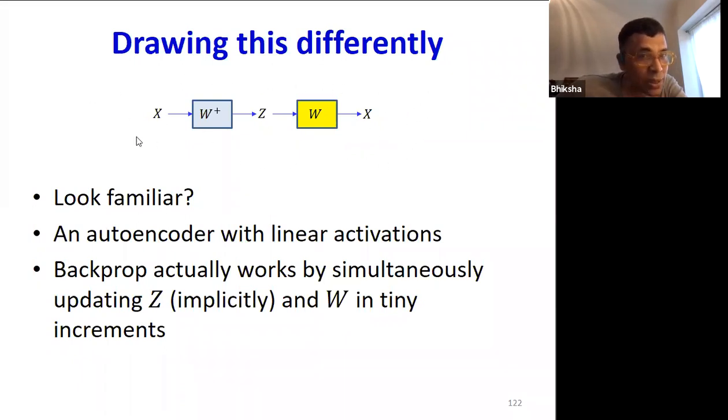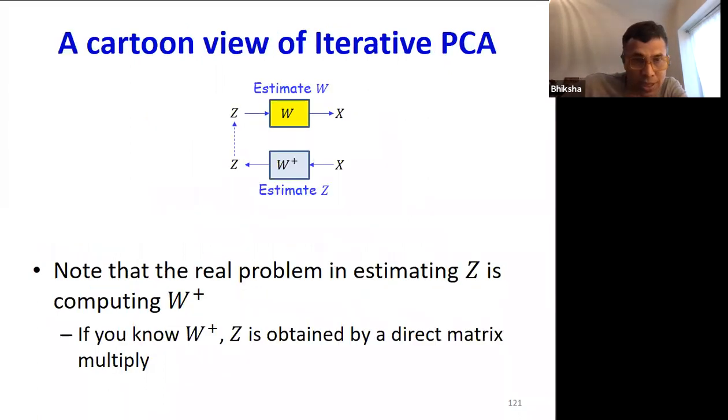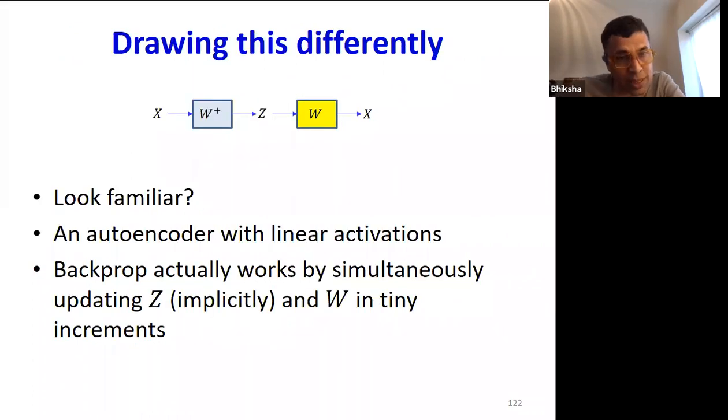And once you see it as an autoencoder, you can actually use backprop, which minimizes the error between the output x and the input x, to first estimate w, and then using this resulting z, estimating the encoder. So this is the relationship between PCA and autoencoders. Autoencoders with linear activations are performing PCA because, as you can see, this process is just PCA.